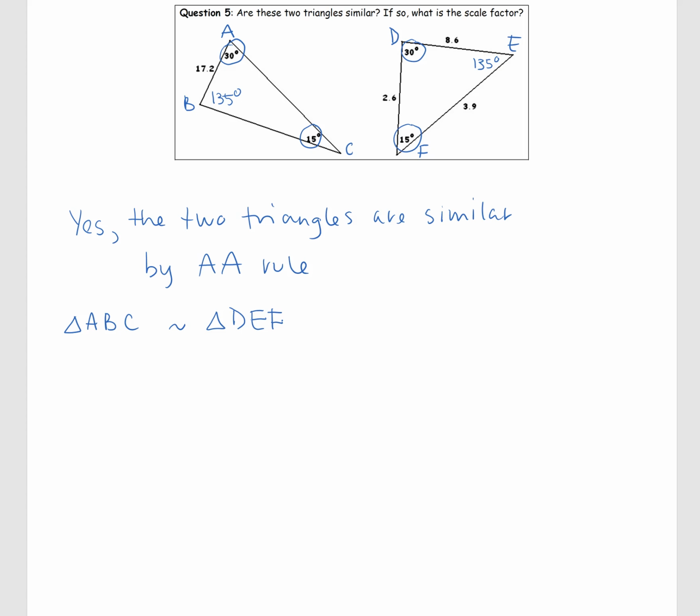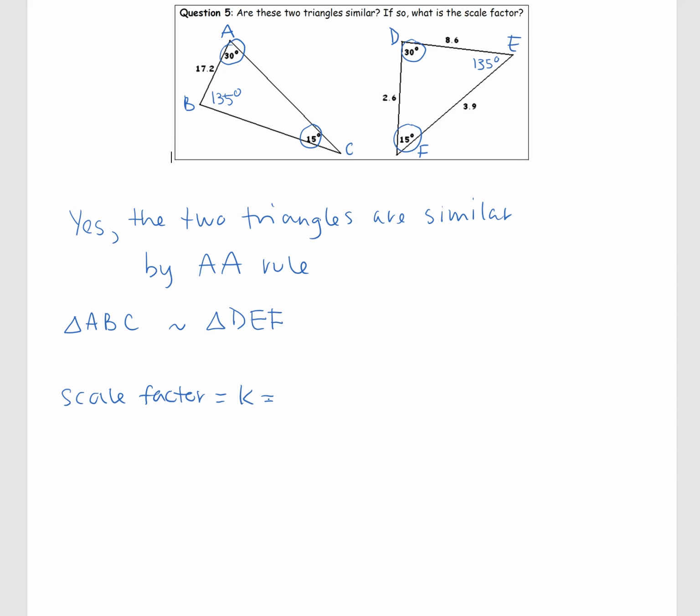Moving on to the rest of the question, now that we know that the triangles are similar, we can figure out the scale factor. The scale factor is given by the variable k. This is just the ratio between any two matching sides of our similar triangles.